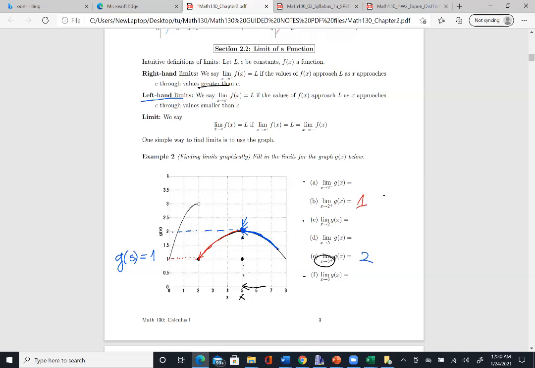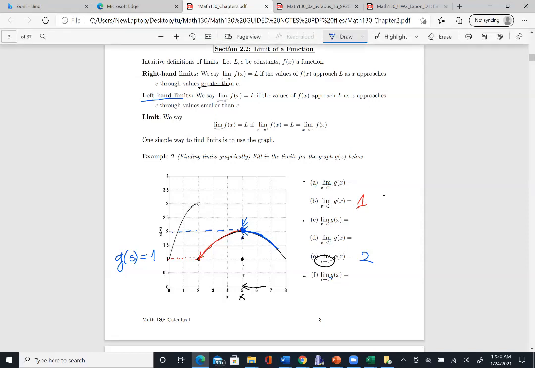In this case, let's take a look at A and D, because I have 2 minus and 5 minus here.